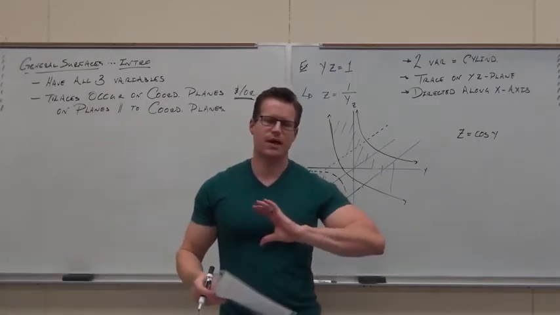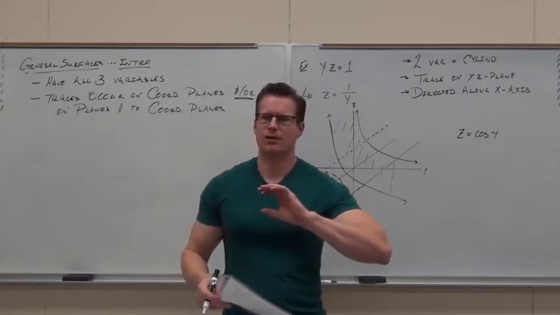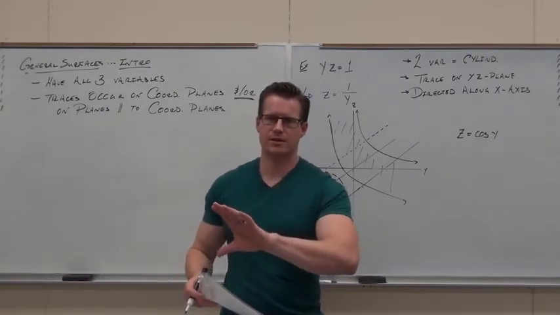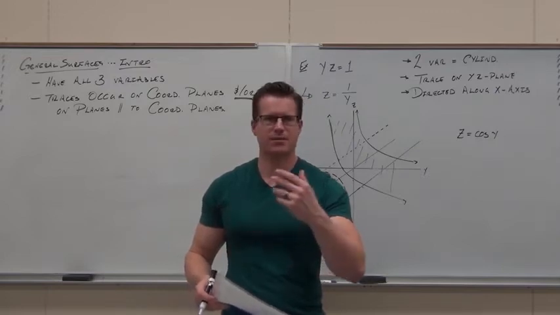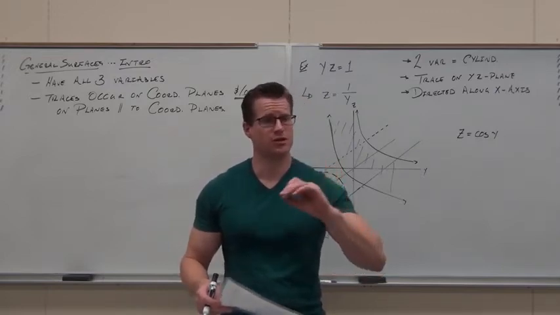Most of them, all but one, are still directed along an axis, and I'll show you how to identify that. Just keep in mind that the shape is going to change along the axis.